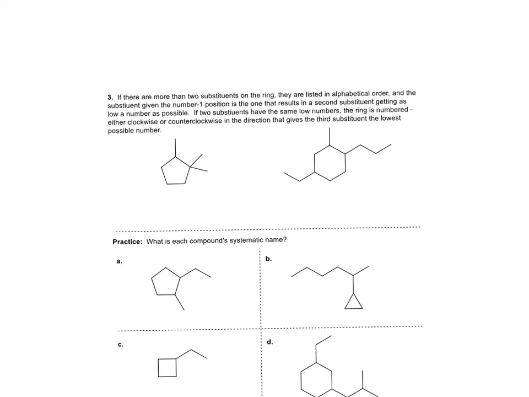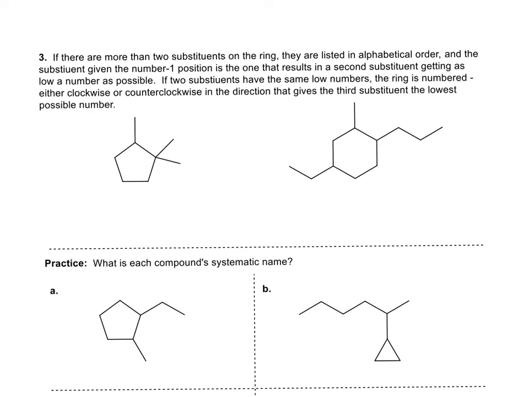The last rule is if there's more than 2 substituents on the ring, they're still listed in alphabetical order, and the 1 goes basically to the substituent that gives everything else the lowest number. So for example, in this case, our parent chain is cyclopentane.